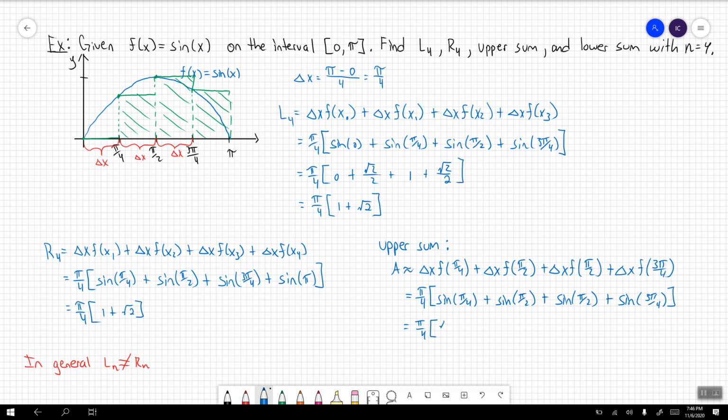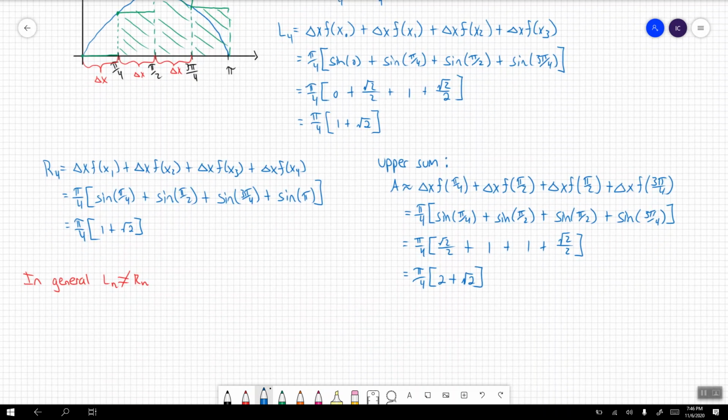Sine at pi fourths, that's root 2 over 2. Sine at pi halves, that's 1. Sine at pi halves, once again, is 1. Sine at 3 pi fourths, that's root 2 over 2. Which now means that our upper sum is given by pi fourths multiplied by 2 plus root 2. So that's the value of the upper sum.